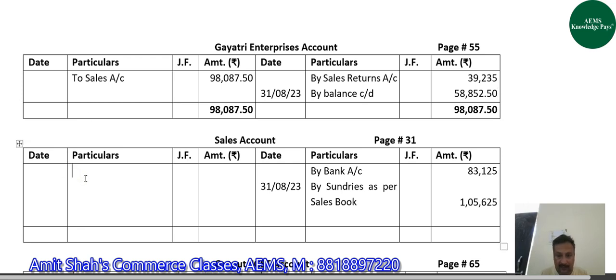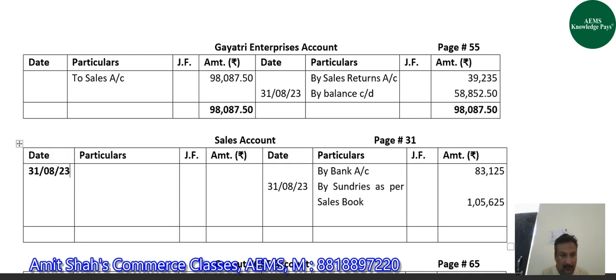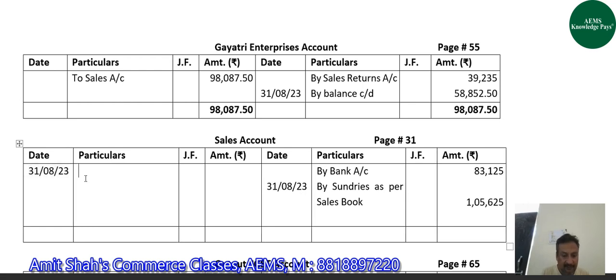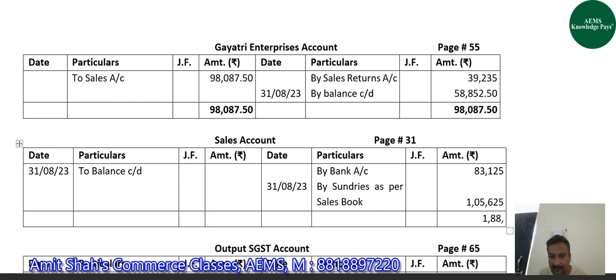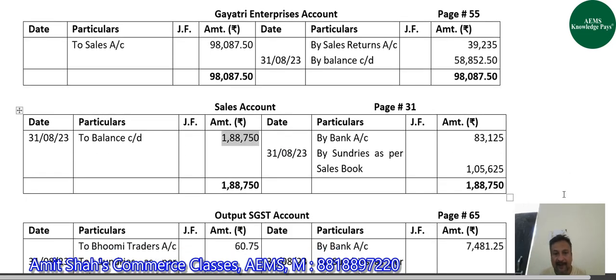Now next is sales account, which will have a credit balance because it is our income, and income always has a credit balance. The total of the credit side is 1,88,750, and this only will become the trade balance of sales account, 1 lakh 88,750.